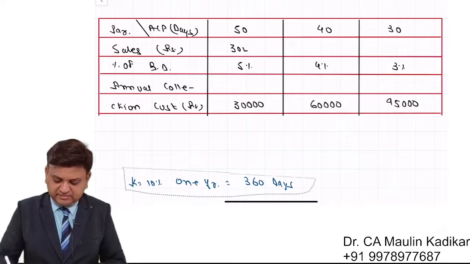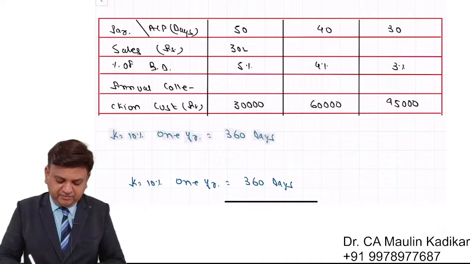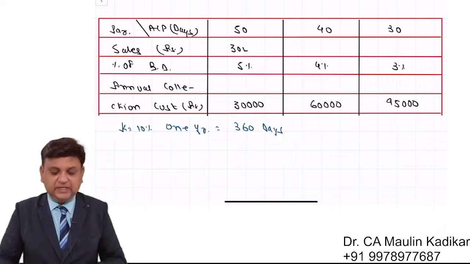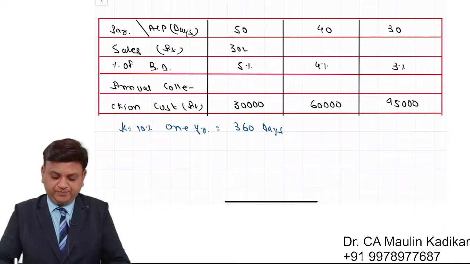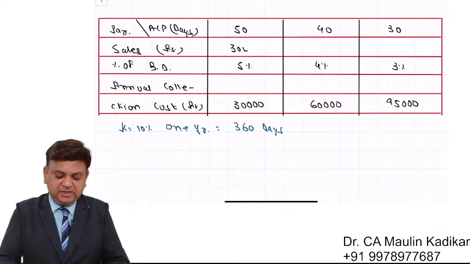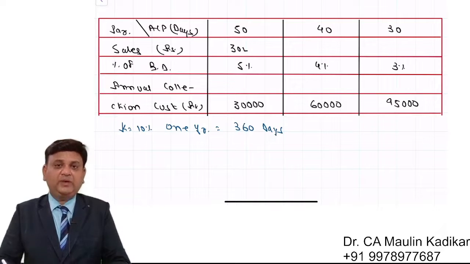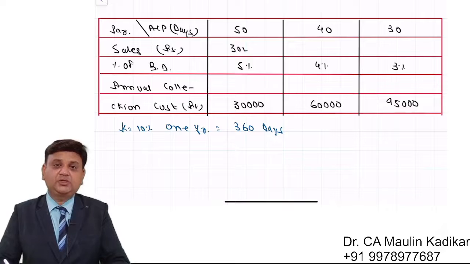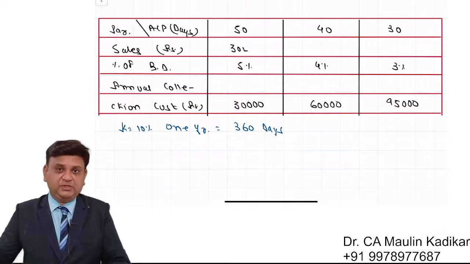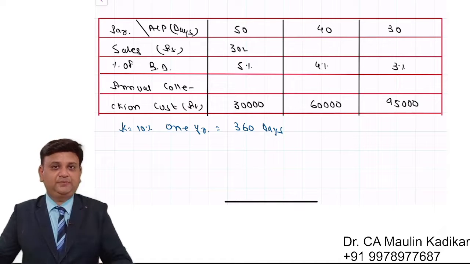So I'm not discussing the method to be followed. However, the information which has not been given is the variable cost, total cost. Then in that case, we are required to make the computation of the carrying cost on sales value because cost information has not been given to us. This is the first point.